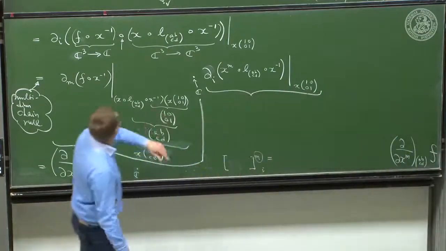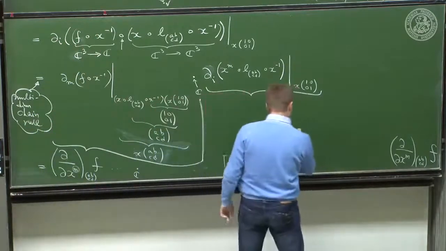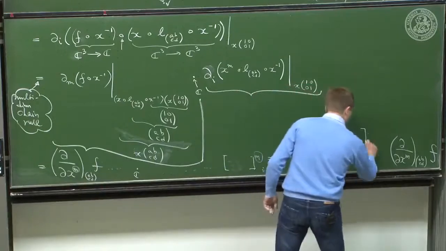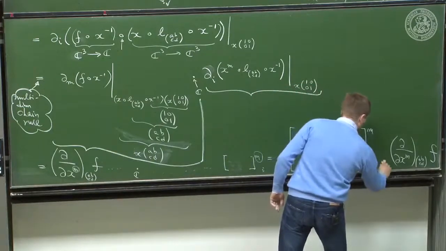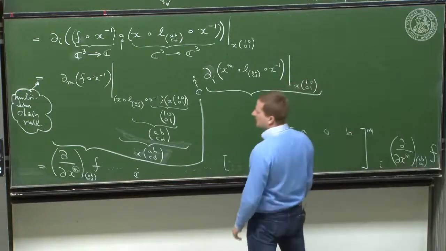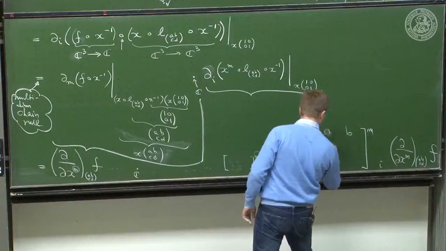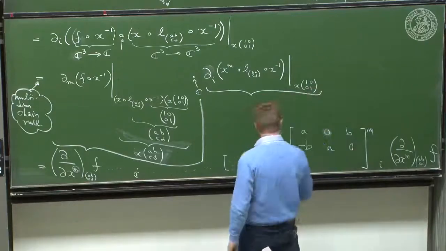I put the f to the right-hand side like it is there, and in front of here I have this factor matrix mi, and it's a0b, minus ba0, and c0d.